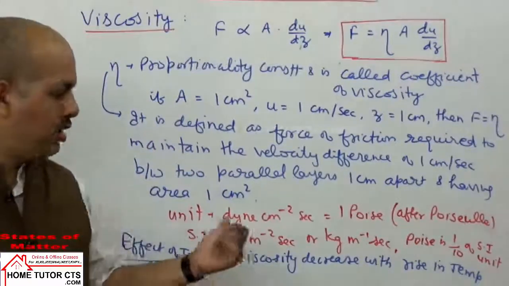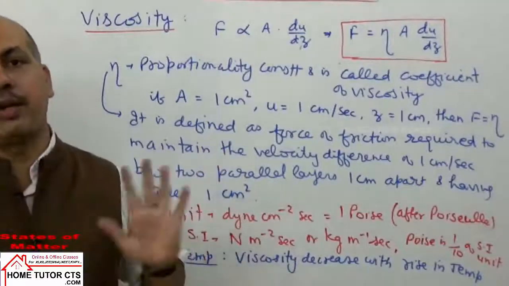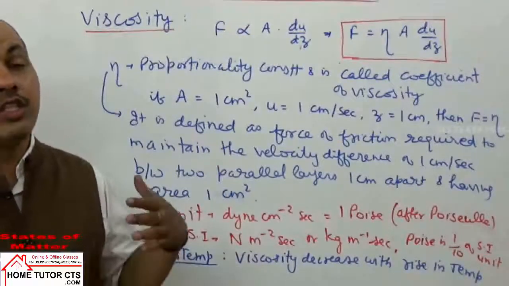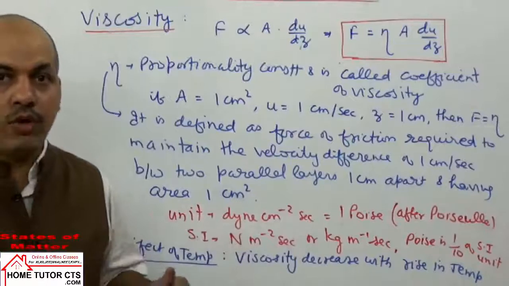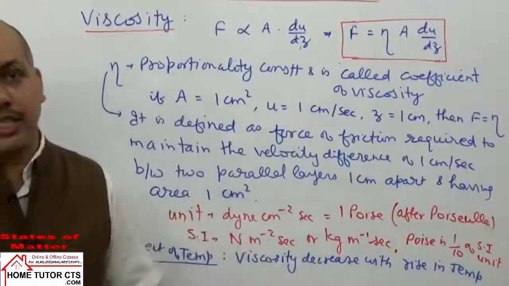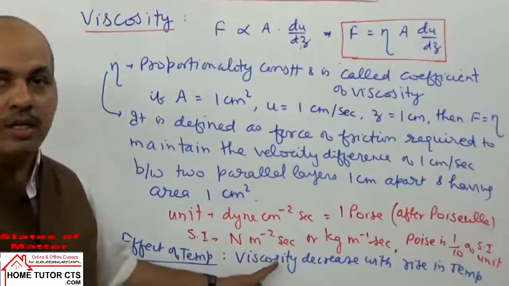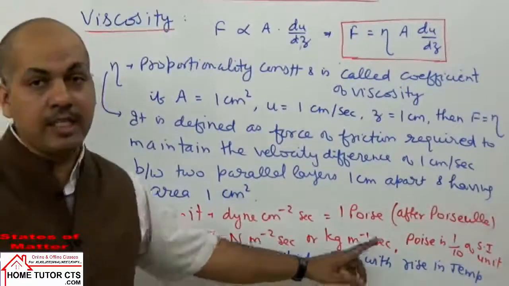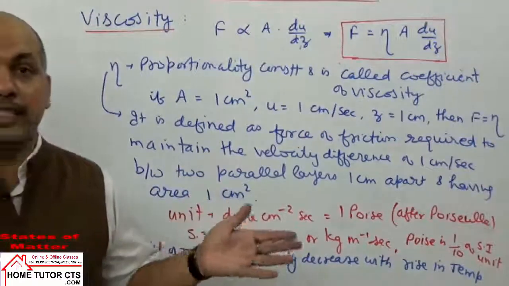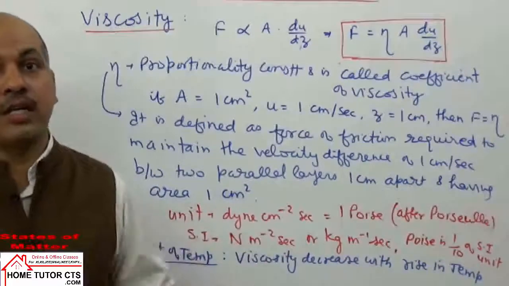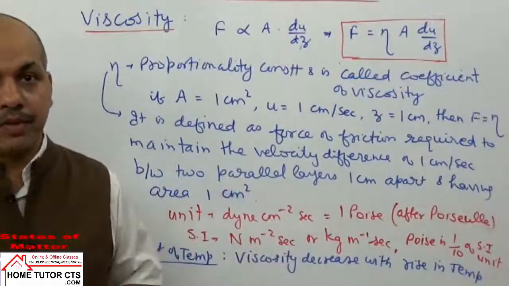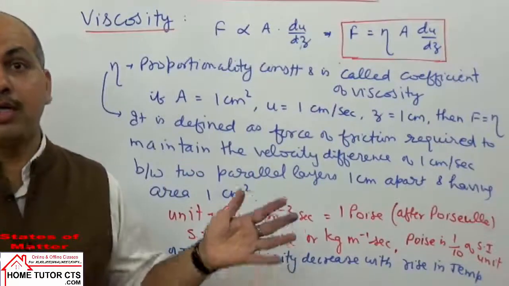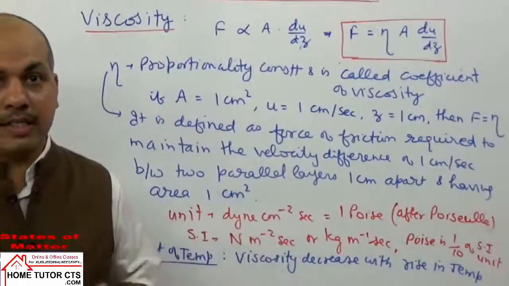Now one point which is normally asked is the effect of temperature. What happens to a liquid's property of viscosity with rising temperature? You can say with rising temperature for a liquid, viscosity decreases. Why? Because with rising temperature there is an increase in the kinetic energy of the liquid molecules or particles.